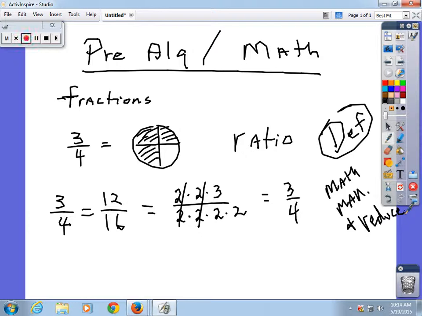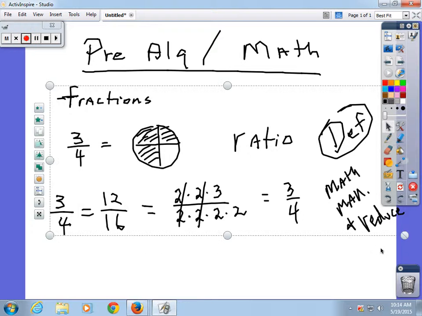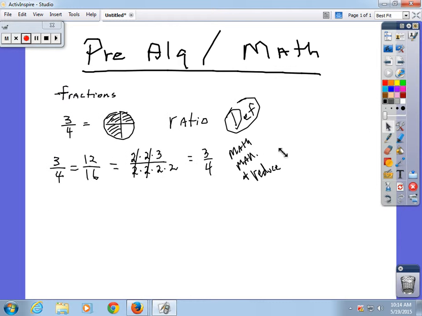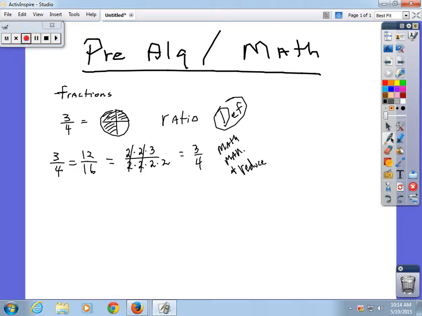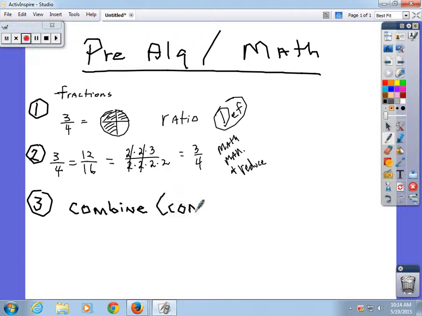Then you were taught how to, let's go with 1, the definition. 2, how to manipulate it. 3, you were taught how to combine. And by combining, you had to get a common what? Common denominator.